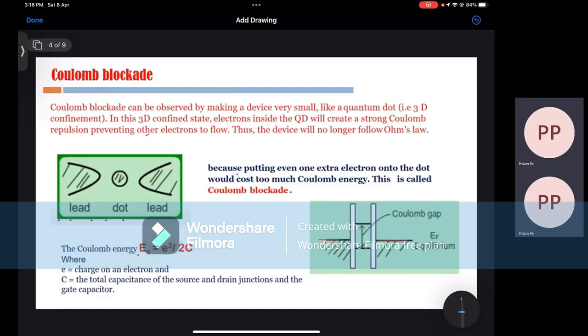So let us now understand what a quantum dot is. Here I have defined one dot.